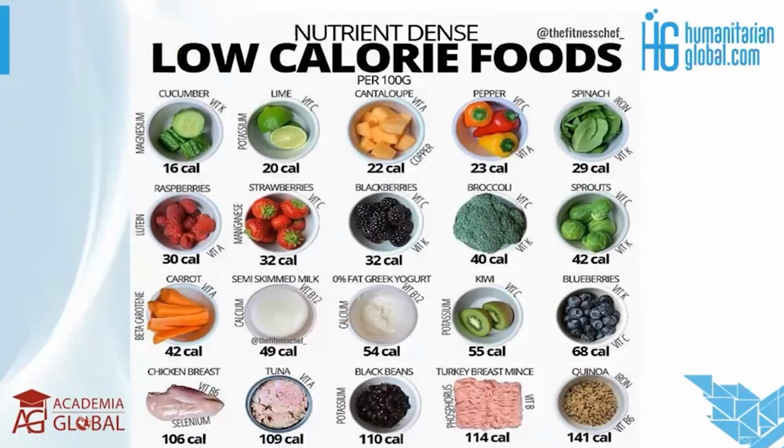So examples of these nutrient low calorie foods are as follows. Now, I've used a common serving of 100 grams. This is what I'm saying. So if you eat 100 grams of all these foods, they will give you the calories indicated by the numbers. You will look at the picture, but I'll just point out a few. This is cucumber, the first one, the one that I'm pointing at.